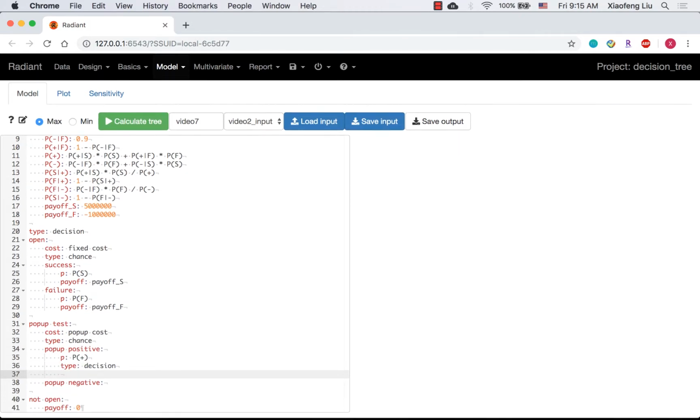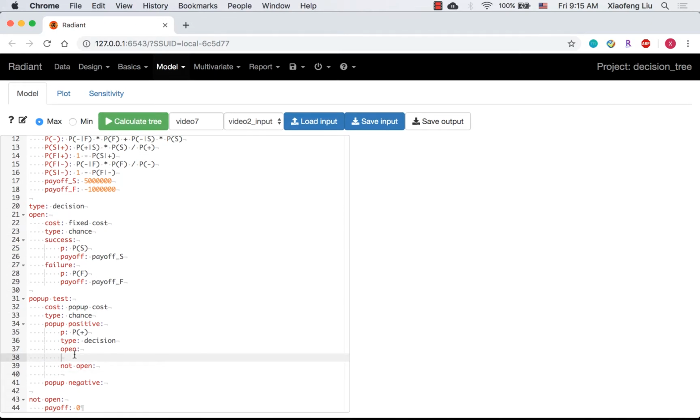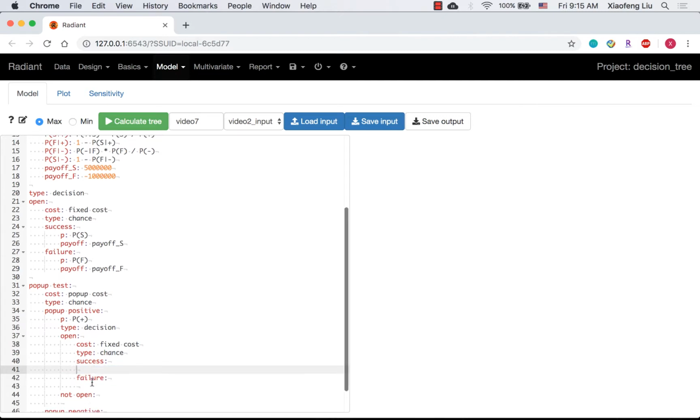Once your pop-up test has been revealed to be positive, you need to make a decision, open or not open the real store. For the scenario open, it will be similar to what we had above. You need to pay $2 million for the fixed cost, and then it is a chance node. The real store can be success or failure.